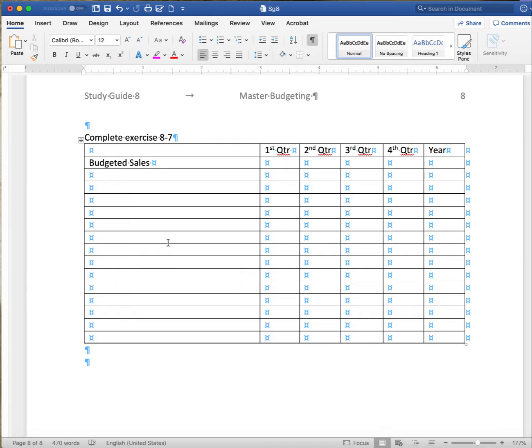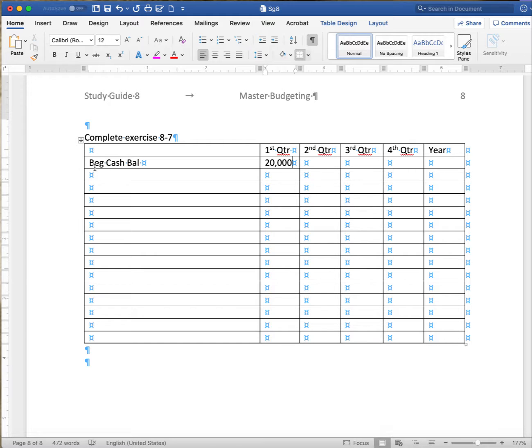So, before we go any further, we need to get the formula, right? We're going to start off with, don't ask me why this says budgeted sales. That is not correct. That should not be there. We're going to start off with our beginning cash balance. And they tell us at the beginning of the quarter, we have $20,000 beginning cash balance.